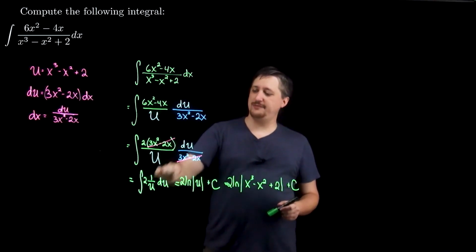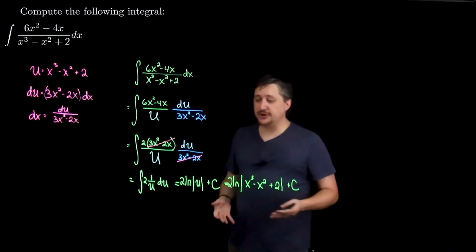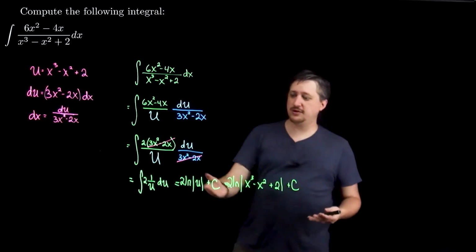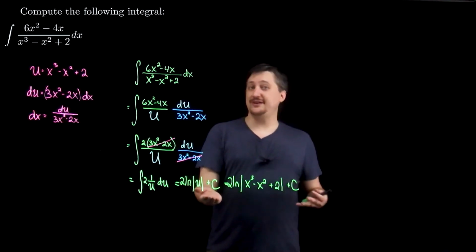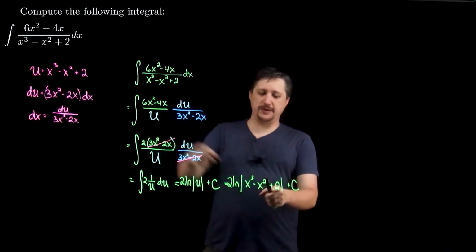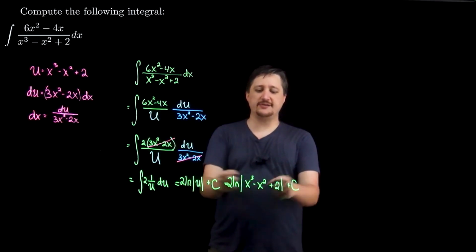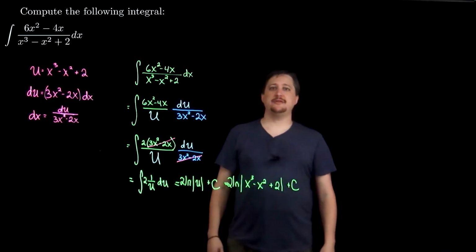They canceled. That gave me just 1 over u du with that 2 floating there. But 1 over u is just natural log of absolute value of u, again with the 2, plus c, because it's an indefinite integral, so I want all the antiderivatives. And then substitute the u back in to get my thing in terms of x, and there's my answer. Okay, so that's that.